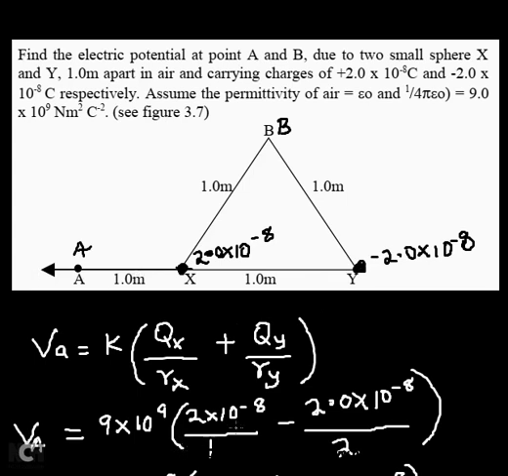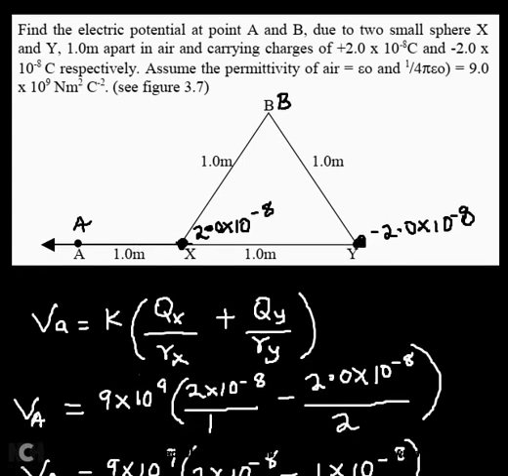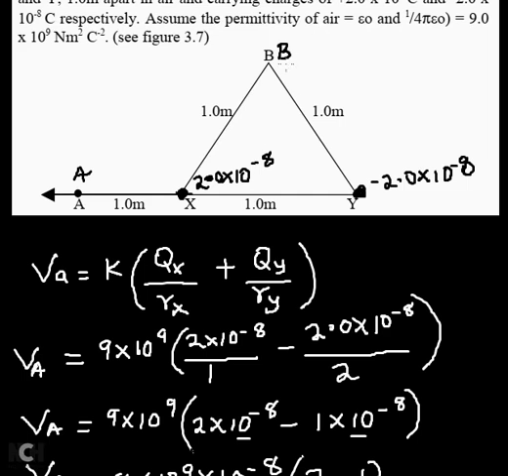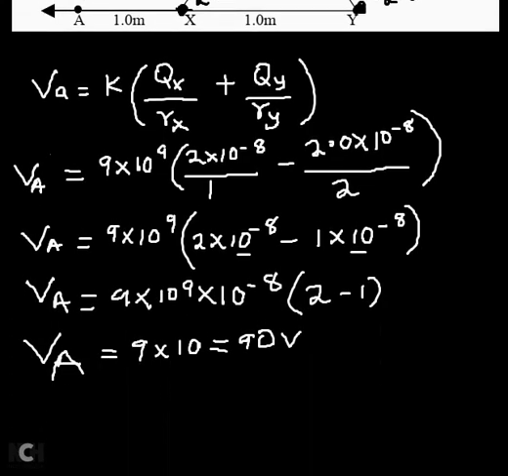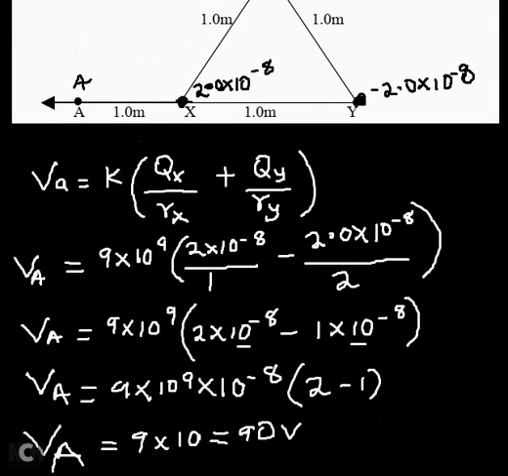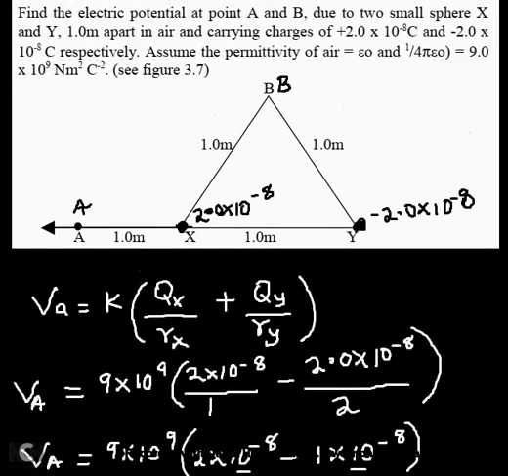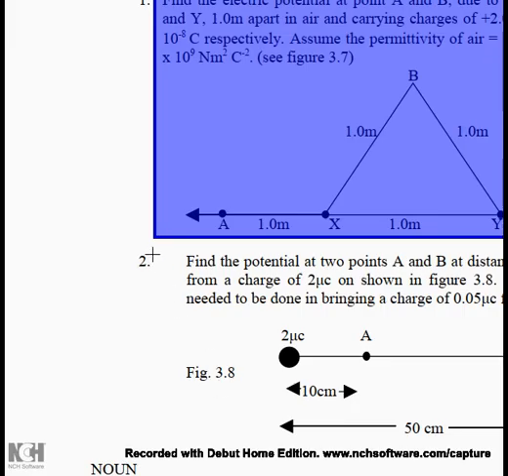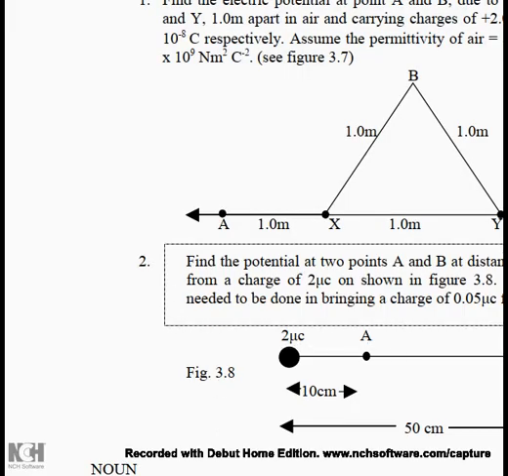The potential at point B is the potential due to X plus the potential due to Y. I believe you can do that. I hope that is well understood. All right, let's proceed. I have more questions here that I want us to do justice to.